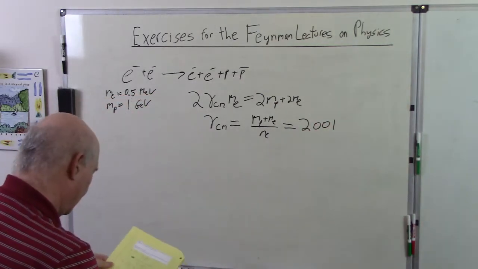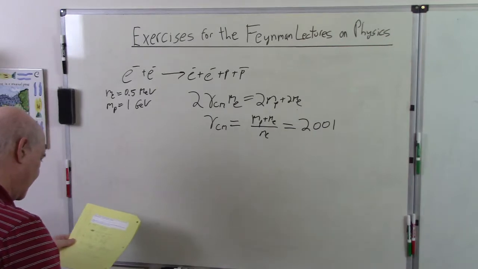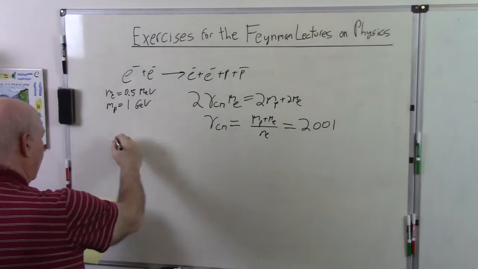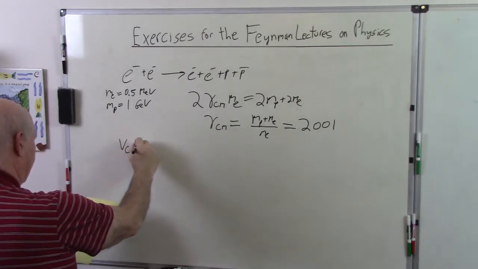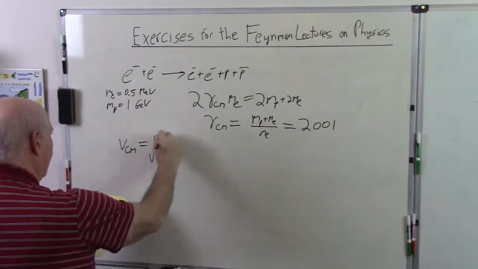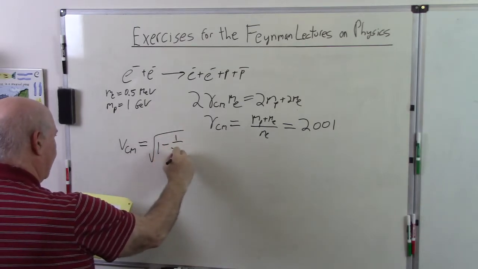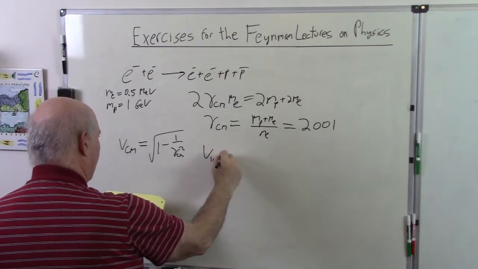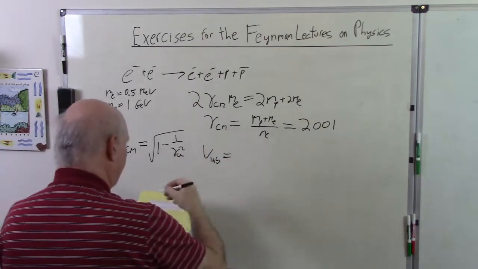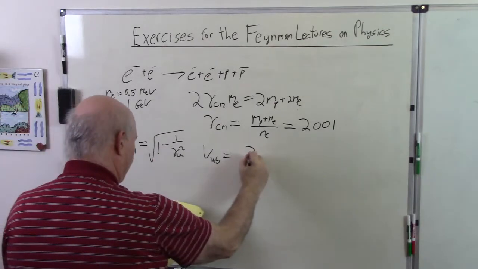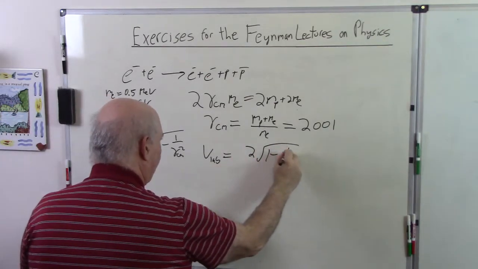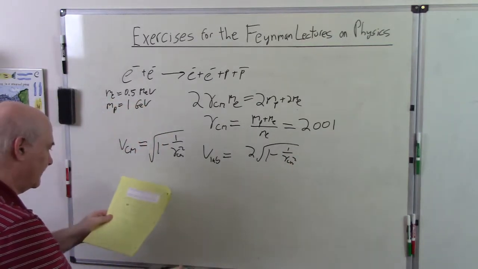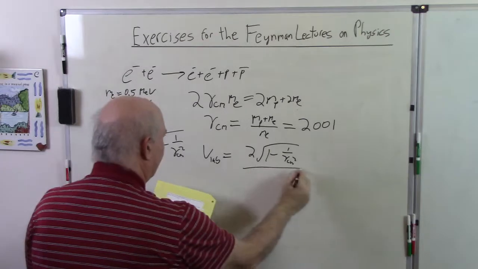And now we do the same. This leads to VCM equal to square root of 1 minus 1 over gamma CM squared, and VLab equals this plus this, which is 2 times the square root of 1 minus 1 over gamma CM squared. I'm not substituting in numbers because there's going to be some cancellations and everything.